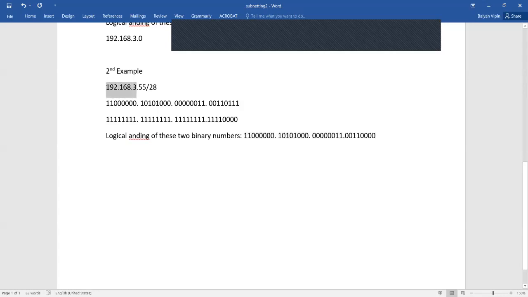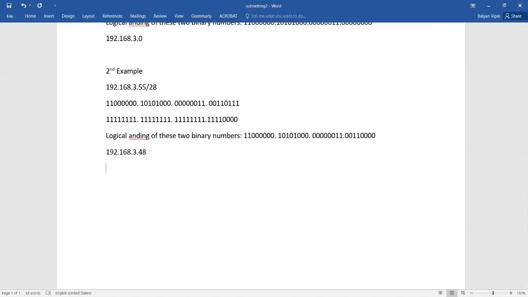We only need to find the last part of the octet, which is this part. So it's 1, 2, 4, 8. Up to this point it's 8, then it's 16 plus this one is 32. So this is 48. That is the network ID of the network to which this IP address is connected, or maybe this IP address is one of those hosts which are in that particular network.